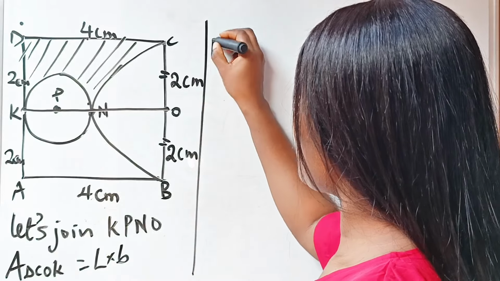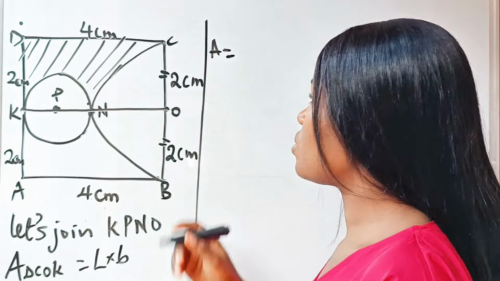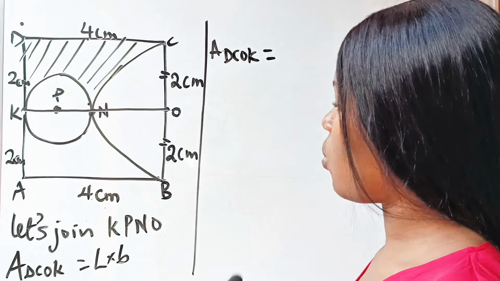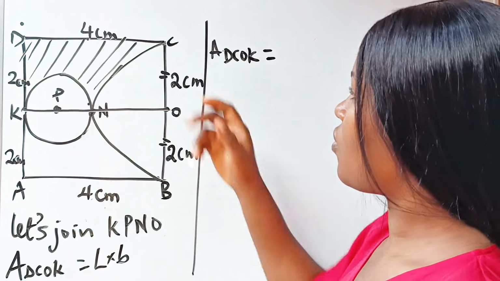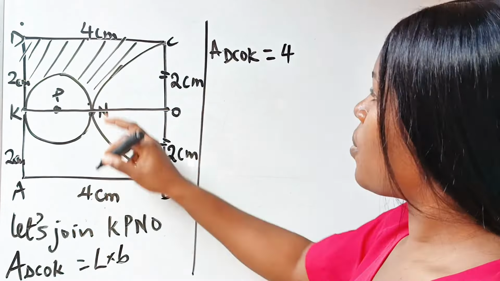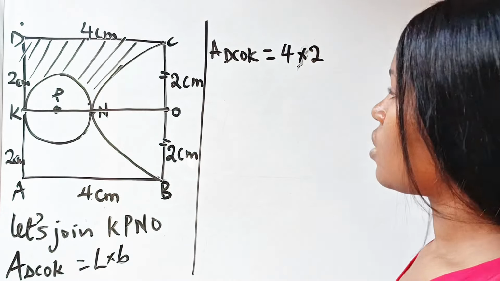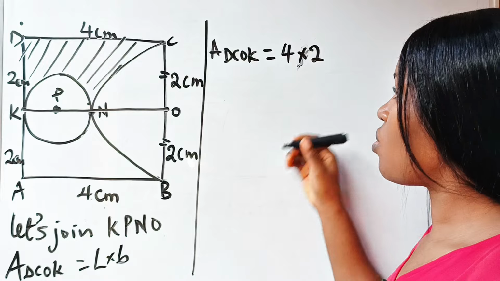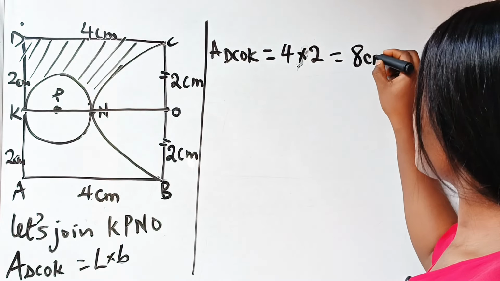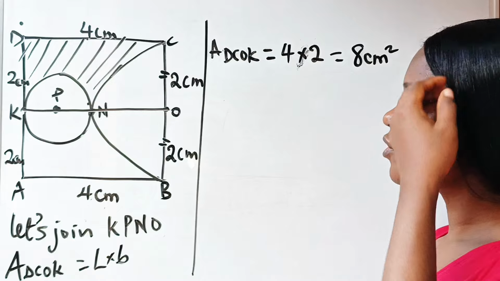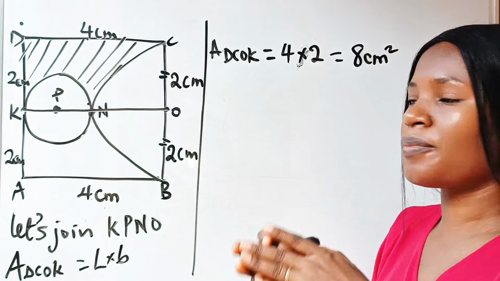So the area of DCOK will be equal to the length, which is 4, and the breadth, which is 2. So area of DCOK then will be 8 centimeter squared. So we're going to keep that one side.